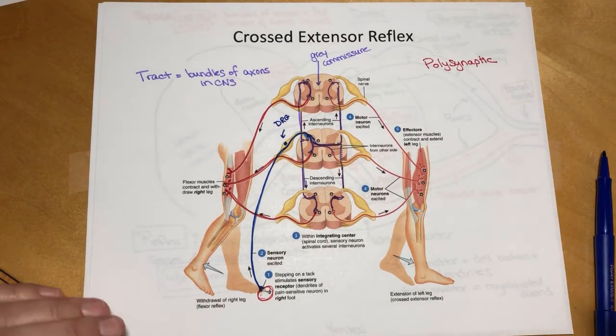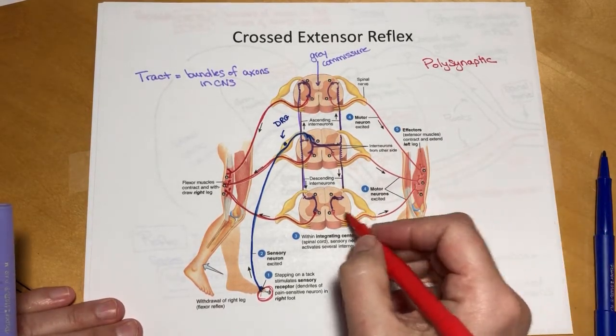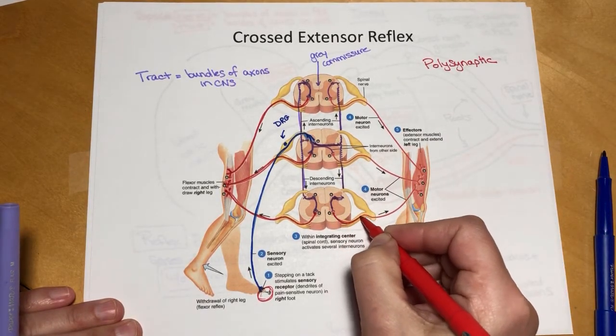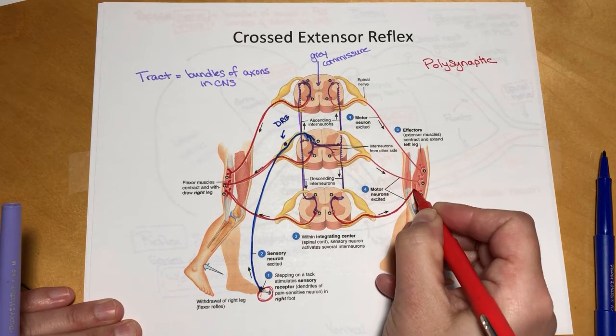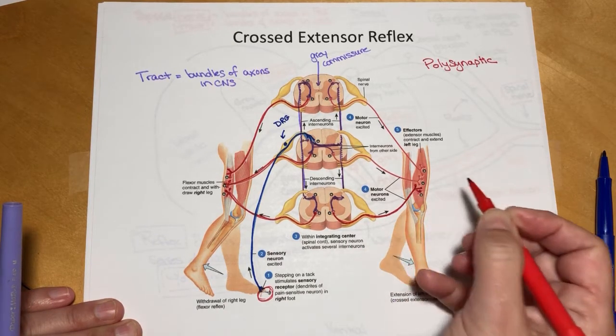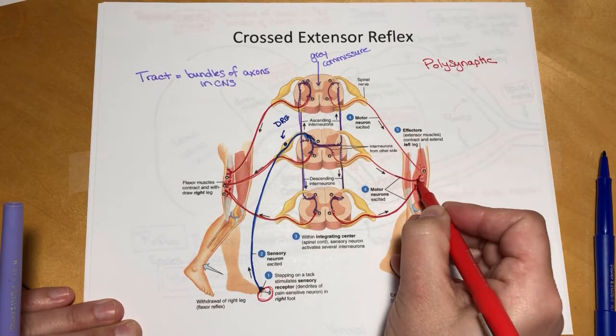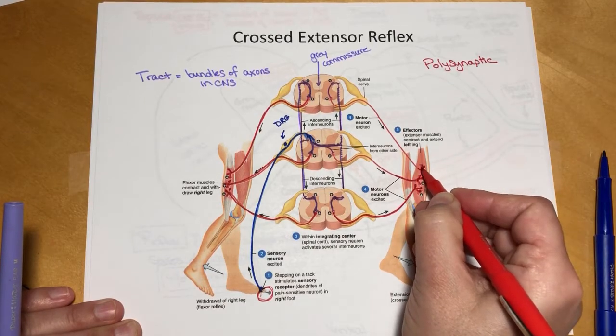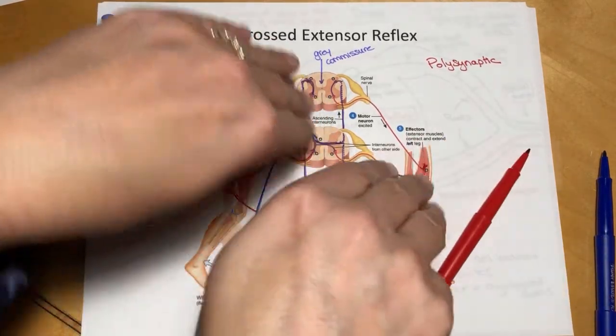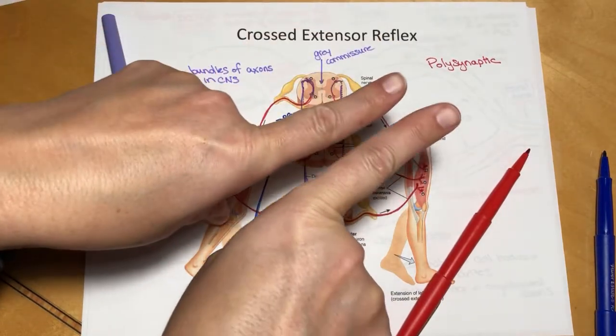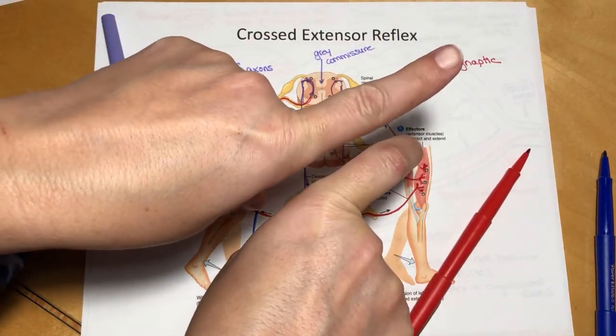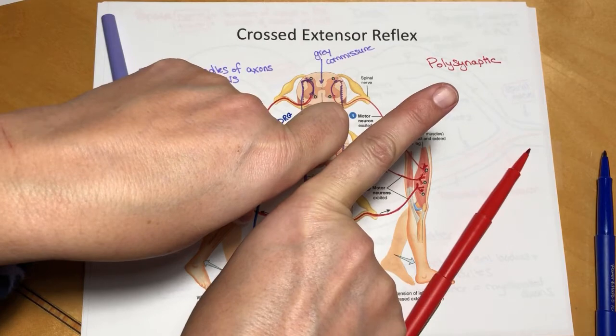The effectors are going to be the muscles on the front of the opposite leg. So these are going to contract at the same time as the other ones are contracting. So if these are your legs, one of them is going to contract and one of them is going to kick out.